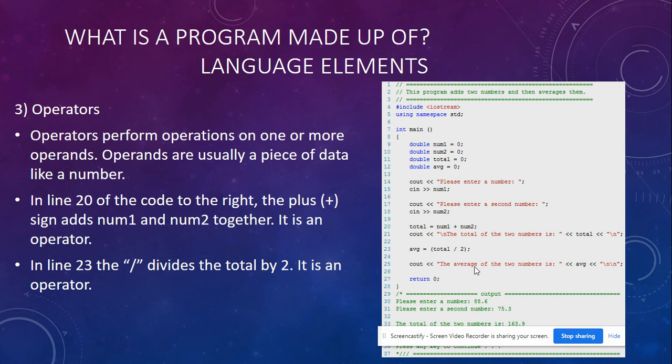Plus is an operator. An asterisk is multiplication. That's an operator. Anything that causes an action inside a program is an operator. So when you think of operators, think plus, minus, divide, equal. Those are operators.